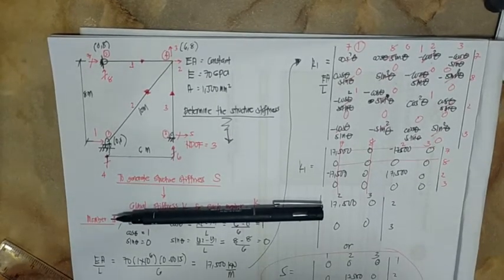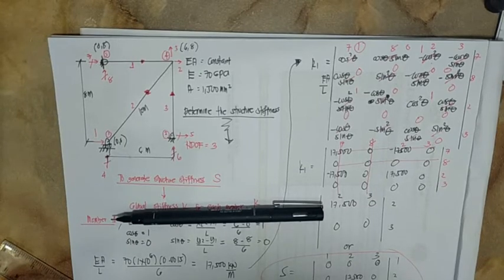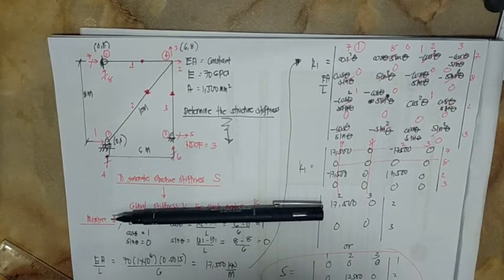So we are calculating the global stiffness for each, and able to determine the displacement later on. And if we have the displacement, we can use that displacement to determine the enforces in local and global coordinate system.